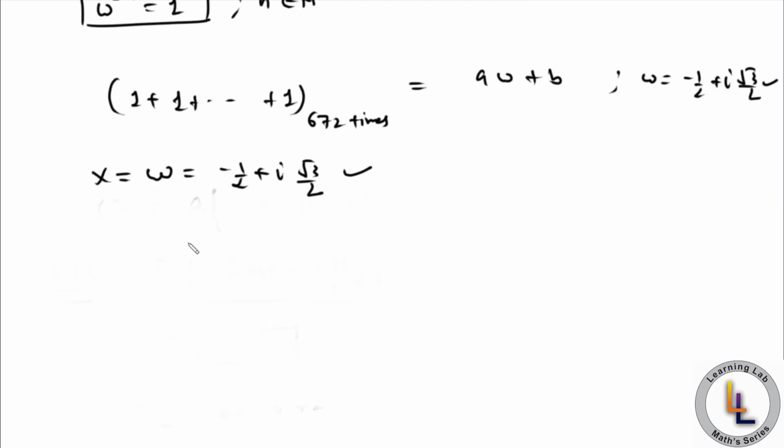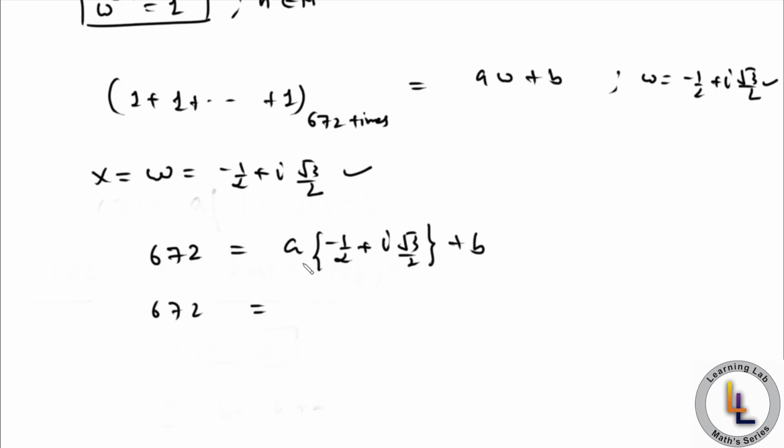On the left side we get 1 plus 1, 672 times, so obviously this will become 672, and the right side will become a into minus half plus iota into root 3 by 2, plus b. Okay, now on modification we will get minus a by 2 plus b plus iota times root 3 a by 2, right?